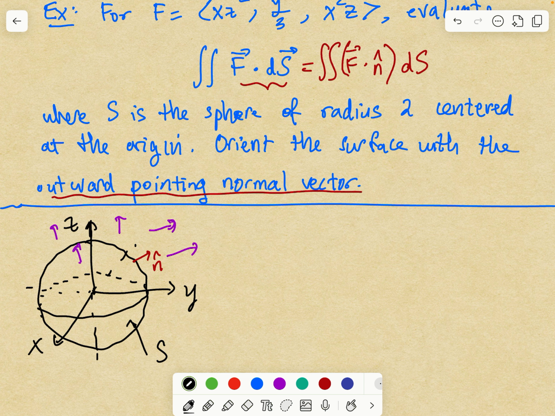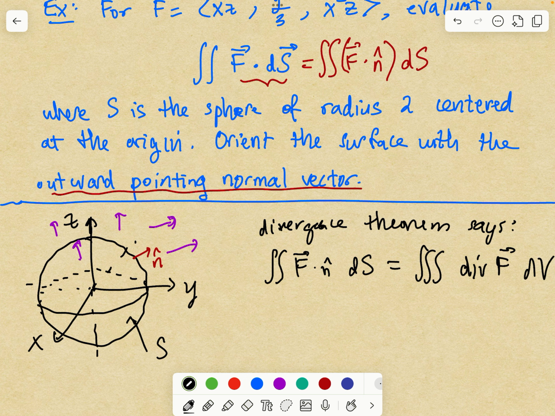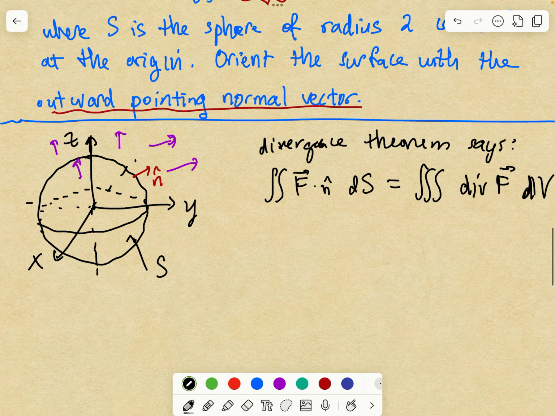To do this, we can use the divergence theorem, because the divergence theorem says this integral is equal to the triple integral of the divergence of F dV over the solid inside.